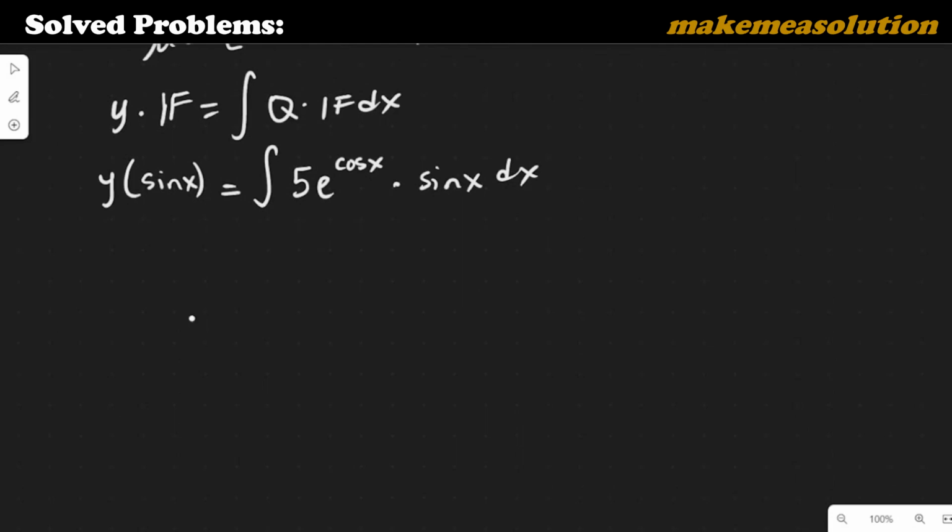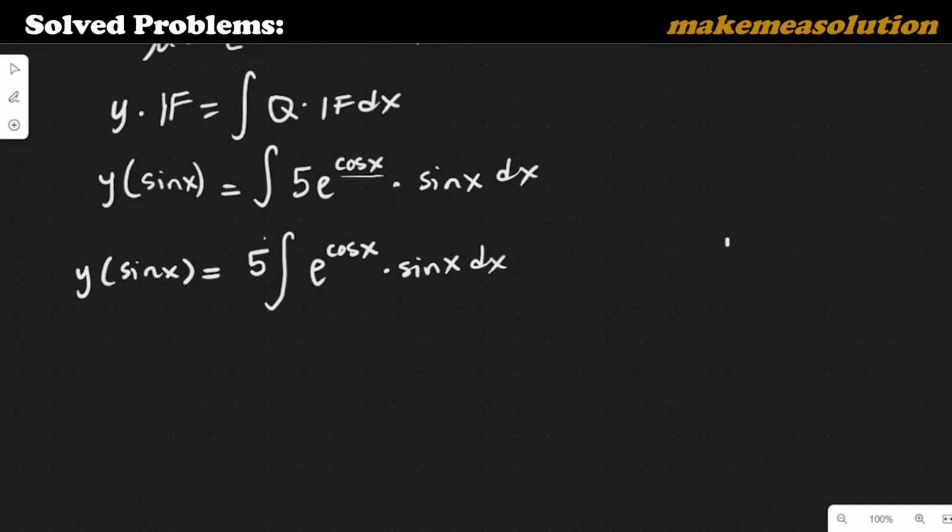So this is not so far-fetched. The main thing that you need to observe in this particular integral is this term over here, cos x. So let's do it together. y sin x is equal to 5 integral of exponential cos x dot sin x dx.